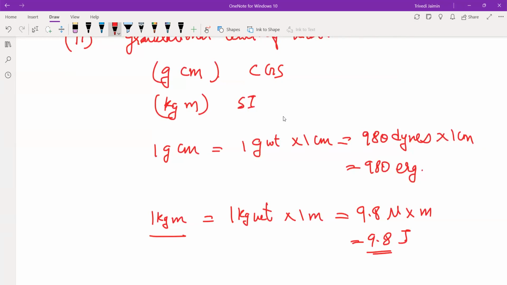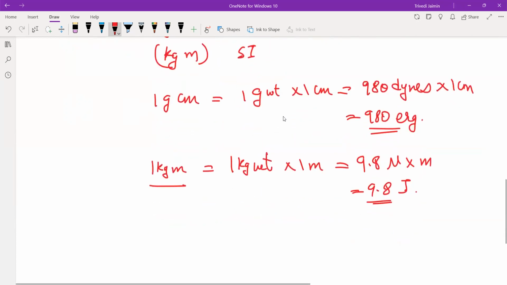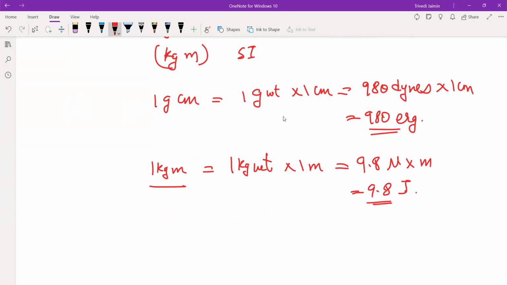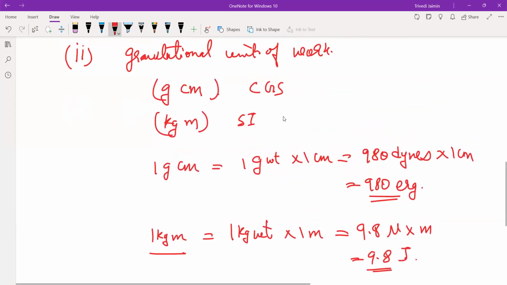Kind of, sir. Okay, that's why you are all silent. Yes, the erg part is new for me. These two are gravitational units.